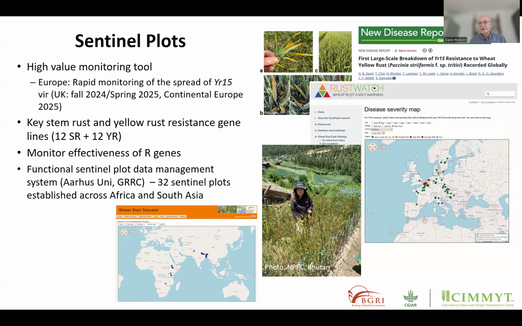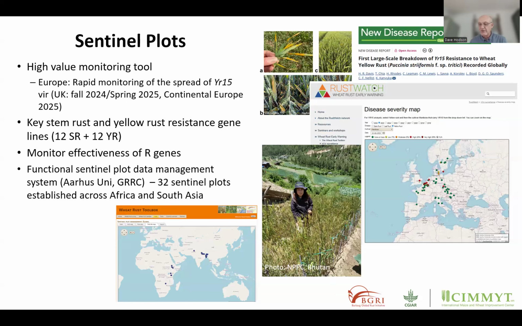But then, thanks to the network of sentinel plots across Europe, it was possible to monitor the rapid spread of this virulence across many European countries. So, an extremely valuable tool. We're taking this concept and deploying it across many African countries and across South Asian countries. We've got 12 key stem rust resistance genes and 12 key yellow rust resistance genes.